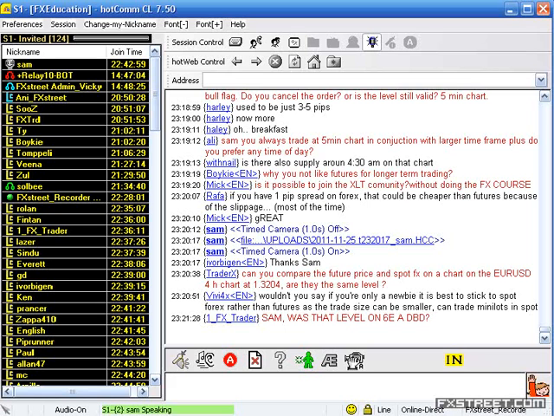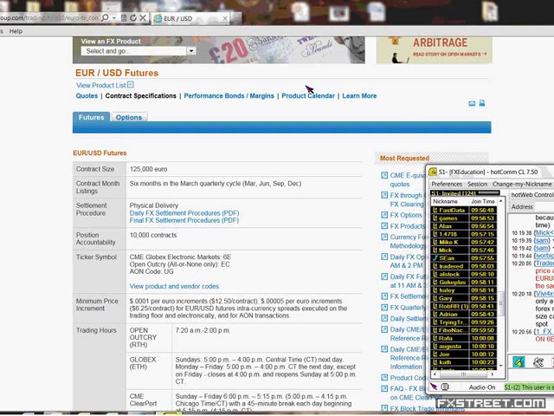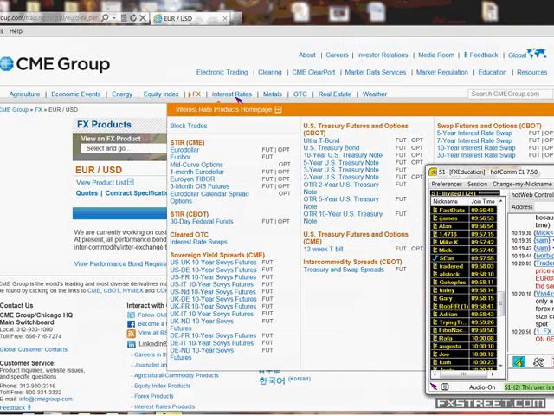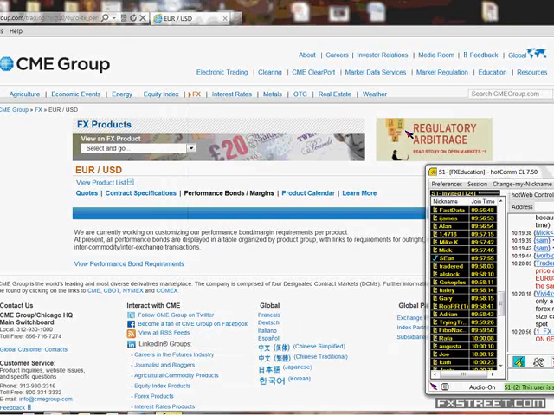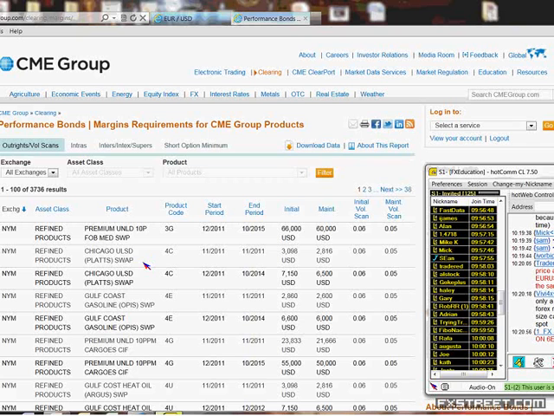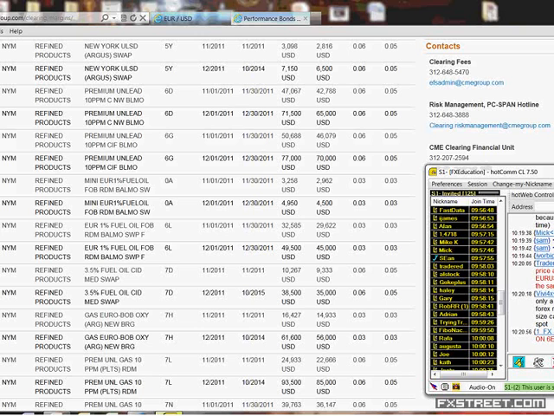Okay, so I want to show you one more thing here, and then we'll move on. We'll just go back to the charts. Where is it here? Here we go. So look all the way at the top where it says margins, performance bonds and margins. I'm going to click there and take you to the euro. Now they're working on customizing this page. They haven't done it yet, so I just need to scroll for a second and find it.